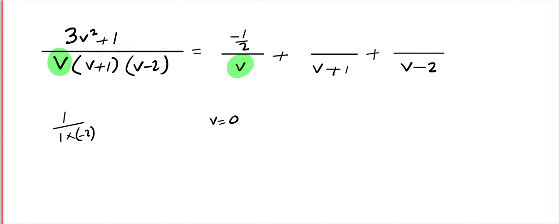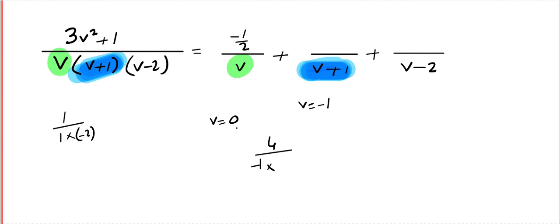Now tell me, when will v plus 1 vanish? Of course, when v is equal to minus 1. So plug it everywhere other than v plus 1. So minus 1 the whole square, 3 plus 1, 4, minus 1 multiplied by minus 1 minus 2, minus 3, 4 by 3.